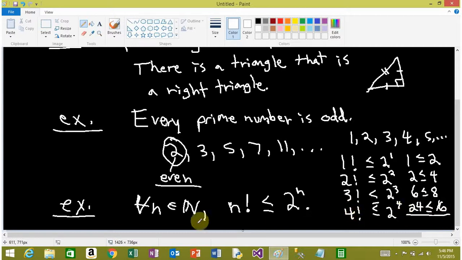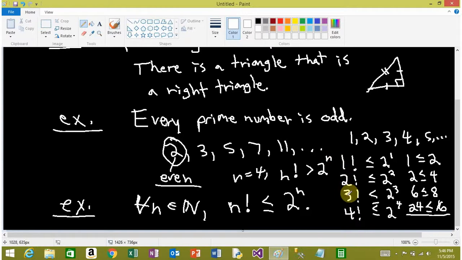So we see that there's an n such that when n equals 4, we see that n factorial is actually greater than 2 to the n.